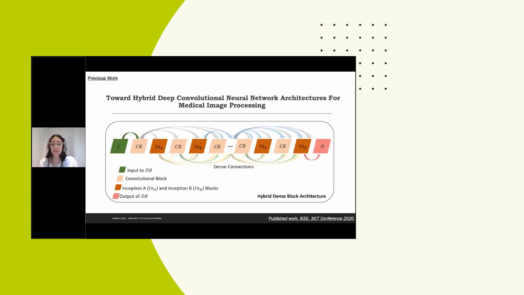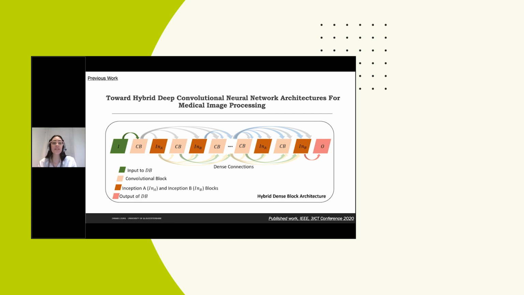The hybrid dense block is basically a combination of convolutional blocks and inception blocks, including Inception A and Inception B. This constructs very dense connections between these different items that will help in extracting more efficient and more reliable features out of the image that you are processing.